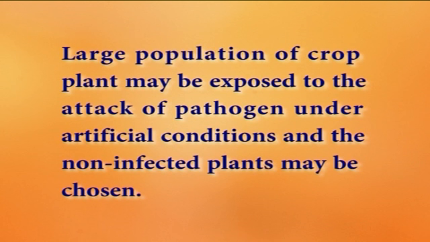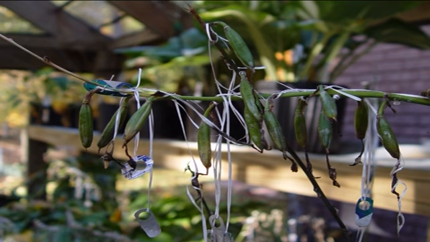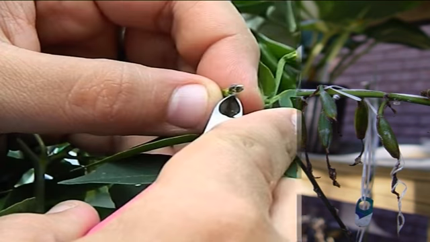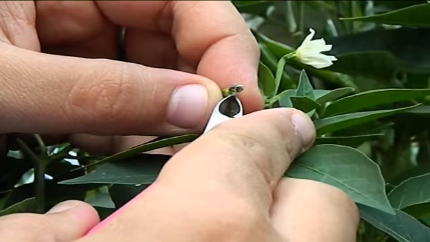Next is hybridization. When selection of resistant varieties is not feasible, resistant varieties may be evolved by crossing the susceptible popular variety with resistant wild variety, wherein the resistant gene or genes are transferred into the genetic makeup of the susceptible variety.